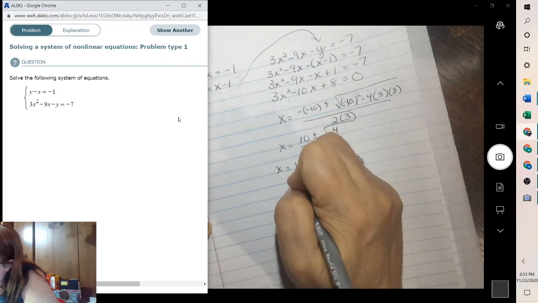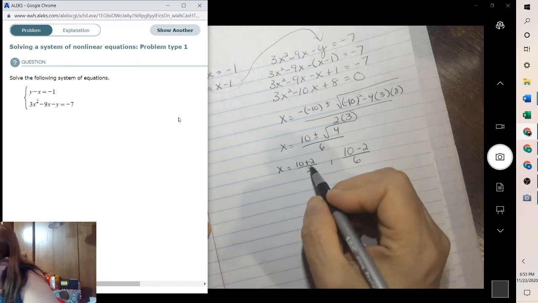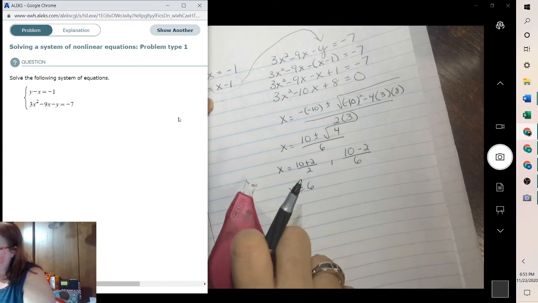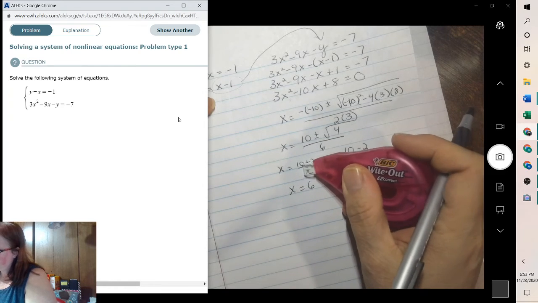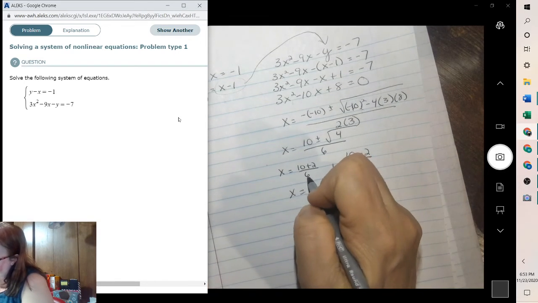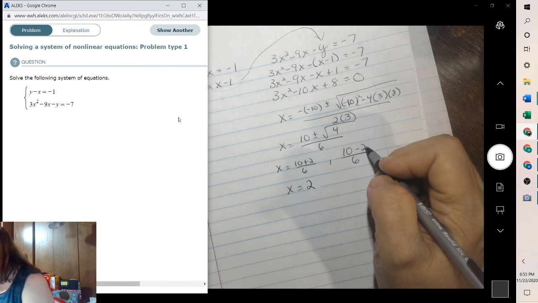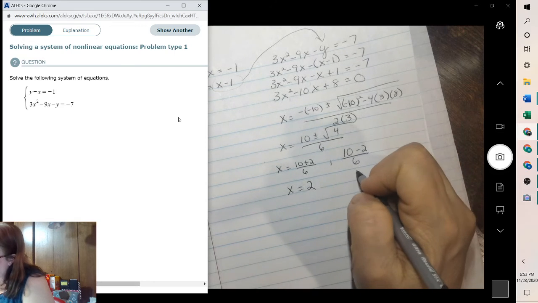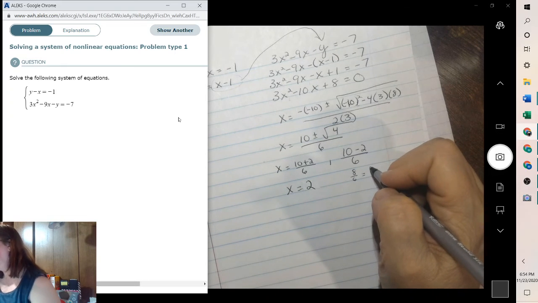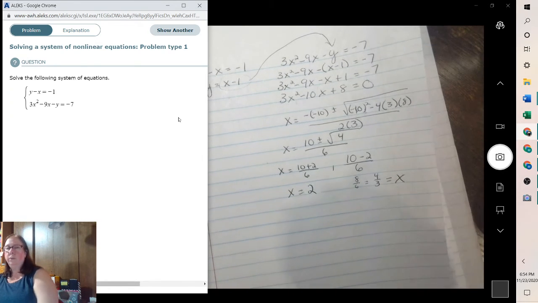So it's 10 plus 2 over 6, 10 minus 2 over 6. 2 times 3 is 6. 12 divided by 6 is 2. 10 minus 2 is 8/6, which reduces to 4/3. So those are our two x values.